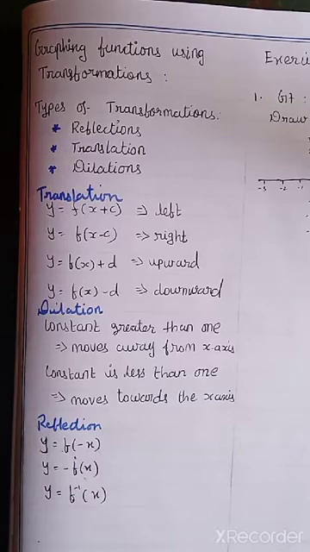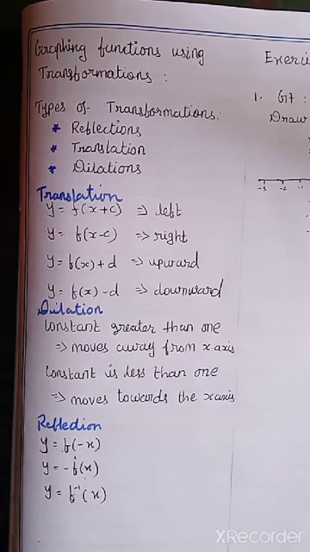Is that clear? When we use transformation, we need not plot many points in the graph. By using the concept, we can draw the graph. That is graphing using transformation.